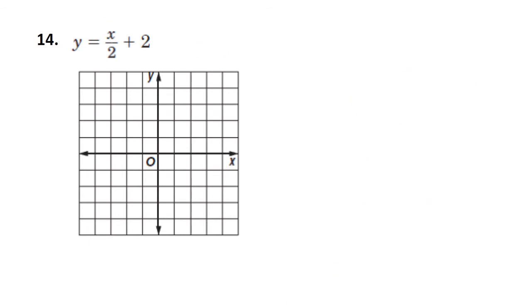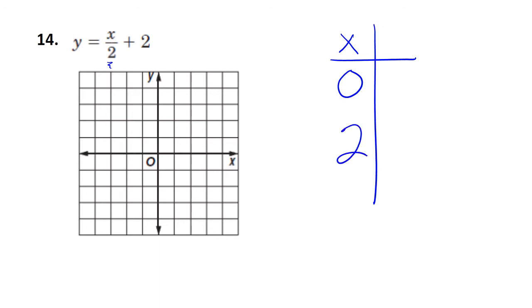So now let's try this one. I have this function y equals x over 2 plus 2. Just like we did in question number 13, we do not have any data here. We need some x values to start at. For this one, my suggestion is to always start with 0. But since I'm dividing by 2, I'm going to make it easy on myself and do a multiple of 2, which is going to be 2.